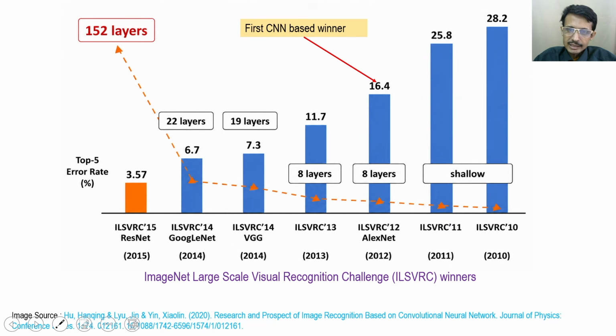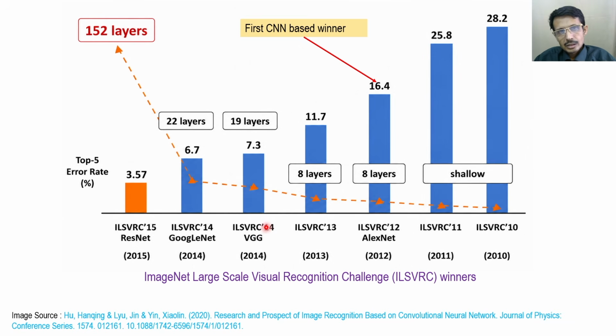Now, one thing to understand, this AlexNet is the first CNN based winner, in 2012, as we have seen here. Then VGG came in 2014, GoogleNet also came in 2014, ResNet came in 2015, and so on. We'll discuss them one by one.